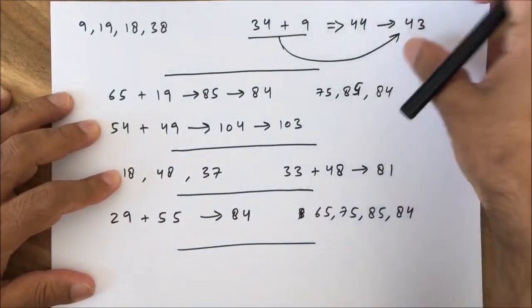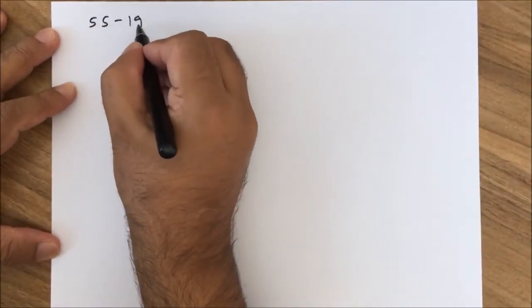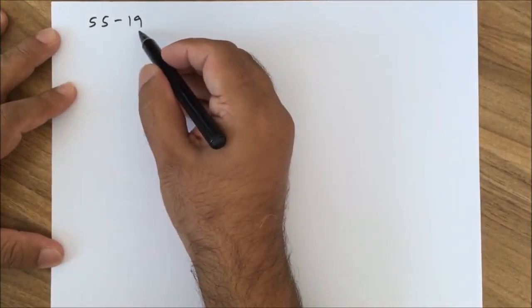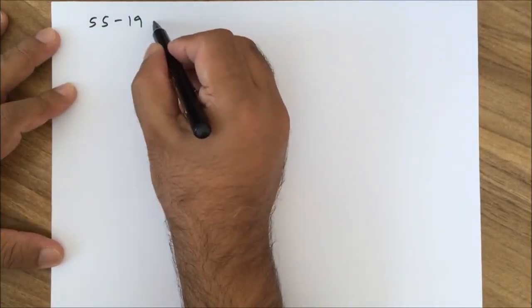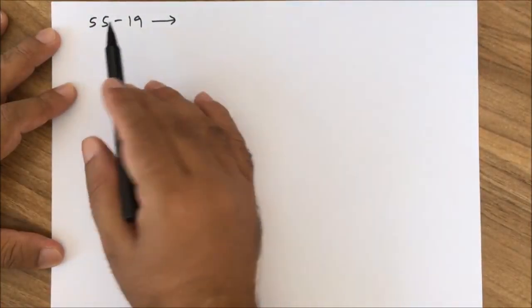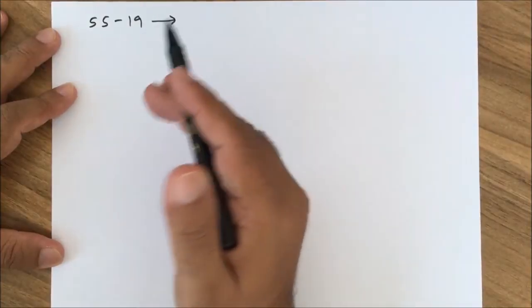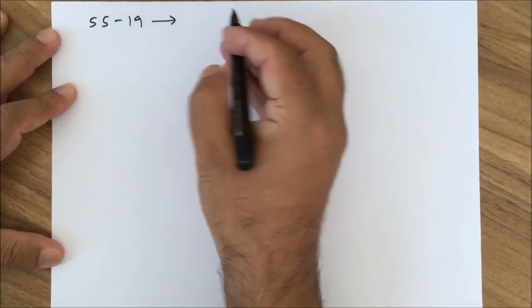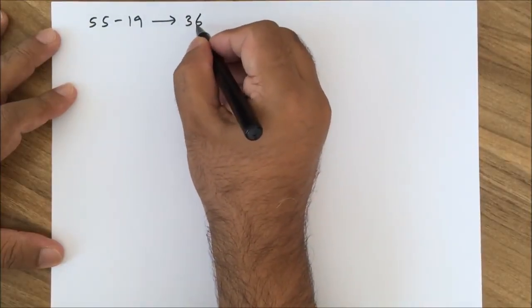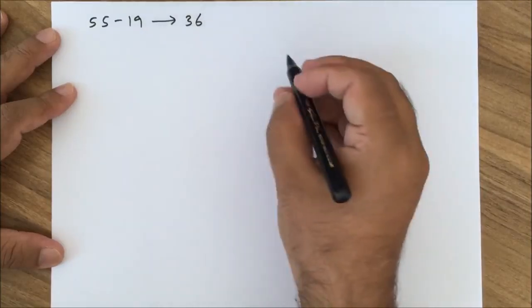Now we were talking about additions only, but the same logic applies to subtraction also. Let's say 55 minus 19 I want to do. 55 take away 19 is the same as 55 take away 20, so jump down twice, so 55 will become 45, 35. In the end you have to add 1, not subtract, so it will be 36 in your final answer.